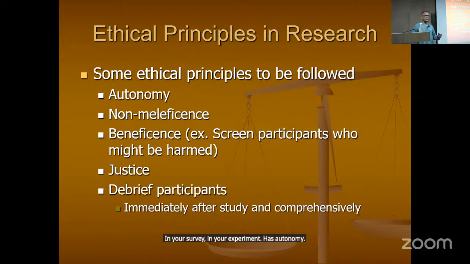He or she is a whole person. They have a life. They're real people. You have to recognize that and treat them as such. Every participant has to be treated with dignity, has to be treated properly. All of this comes why? Because they have autonomy.